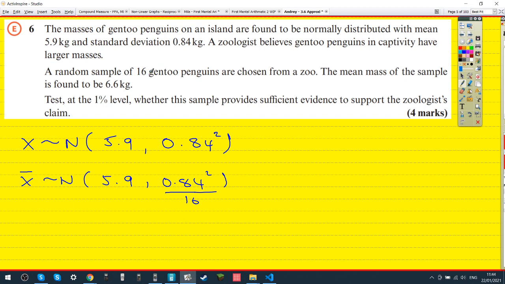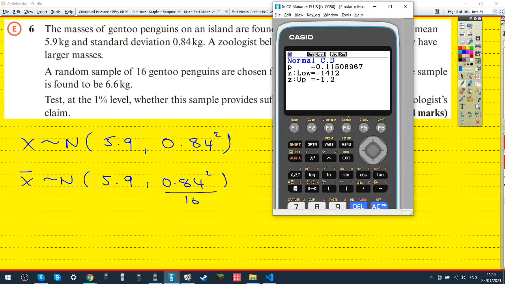And so I got 0.0441. So what was the mean in the calculator?